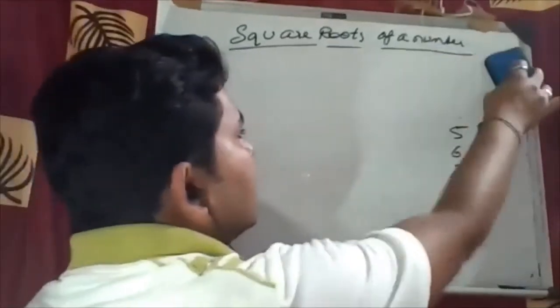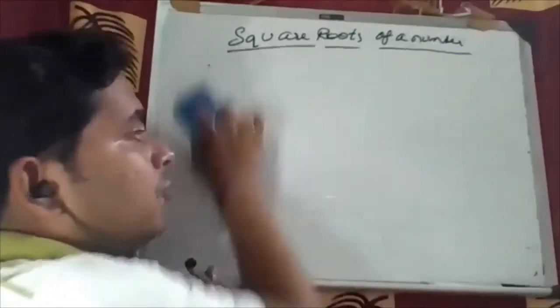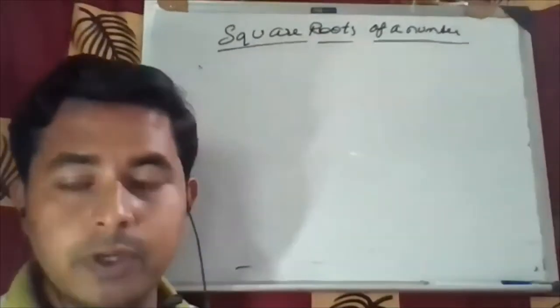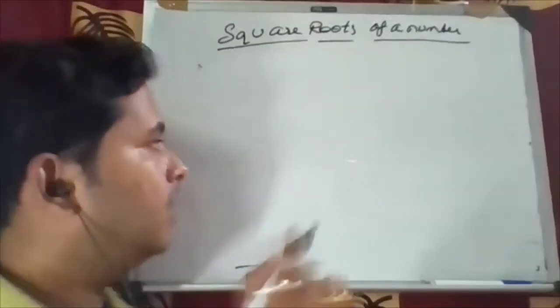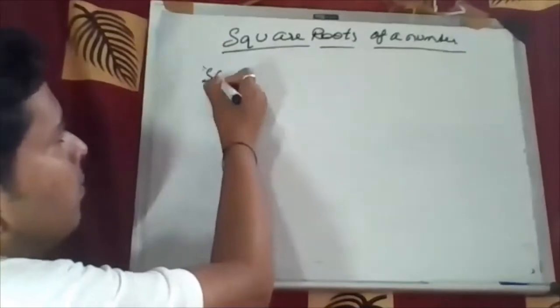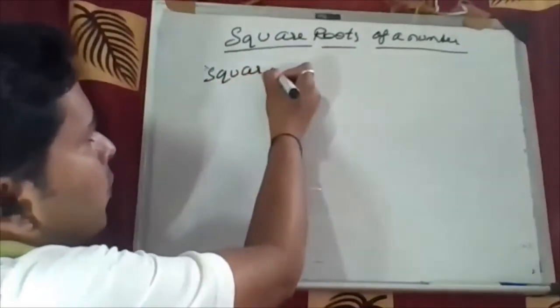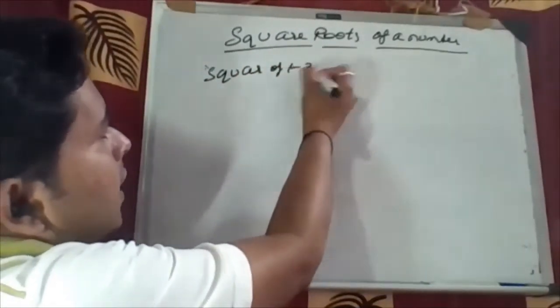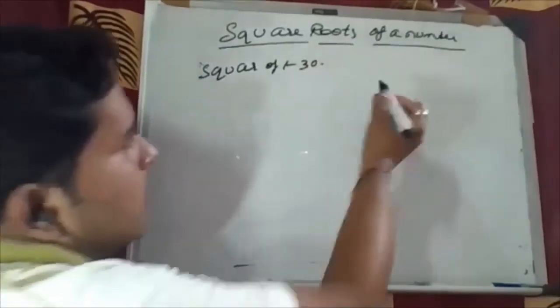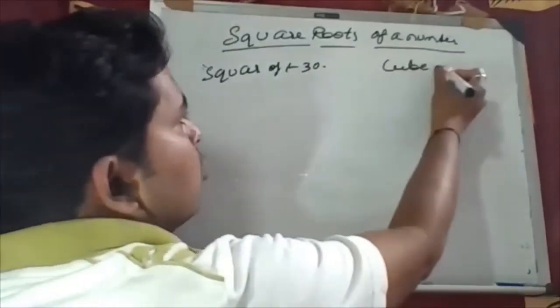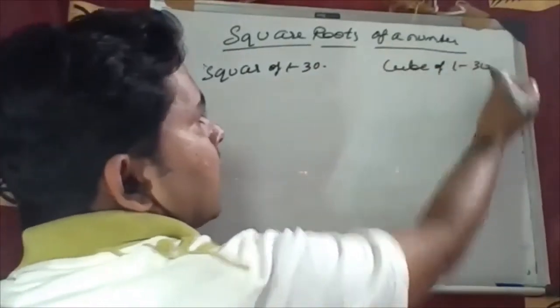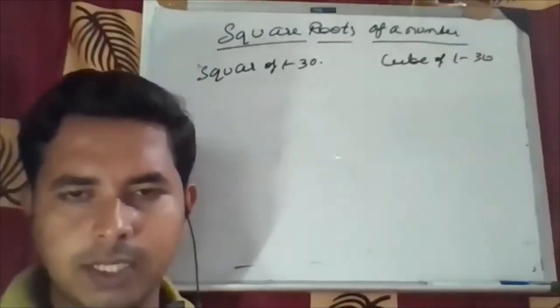Before starting that, as I said in the first class, you should remember the squares of at least 1 to 30, and I also said you should remember the cubes of 1 to 30.